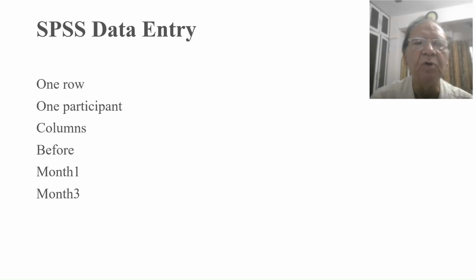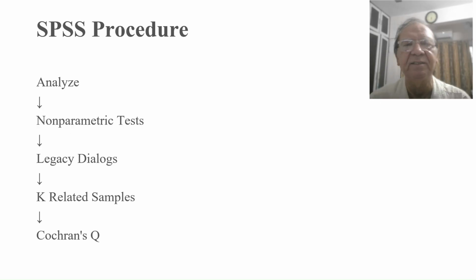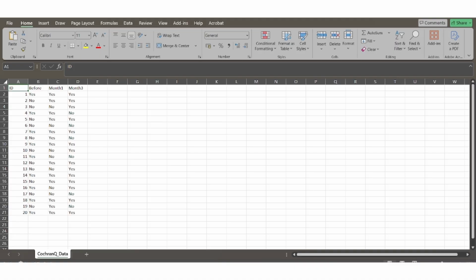To perform Cochran's Q test in SPSS, go to Analyze, choose Non-Parametric Tests, then Legacy Dialogs, and finally K Related Samples. Select all three repeated measurement variables and choose Cochran's Q. SPSS will produce the test statistics. Let us work on SPSS.